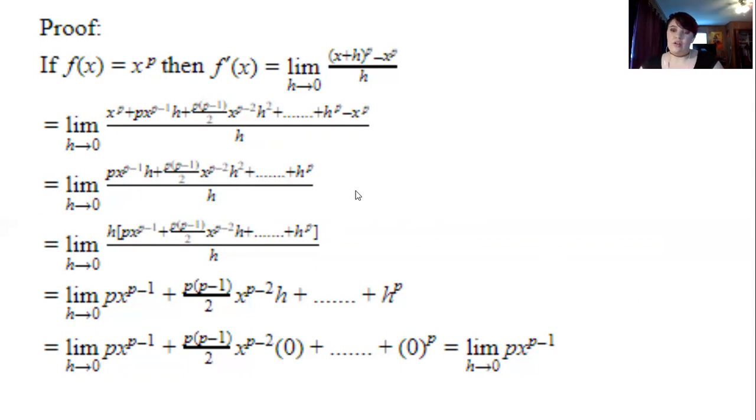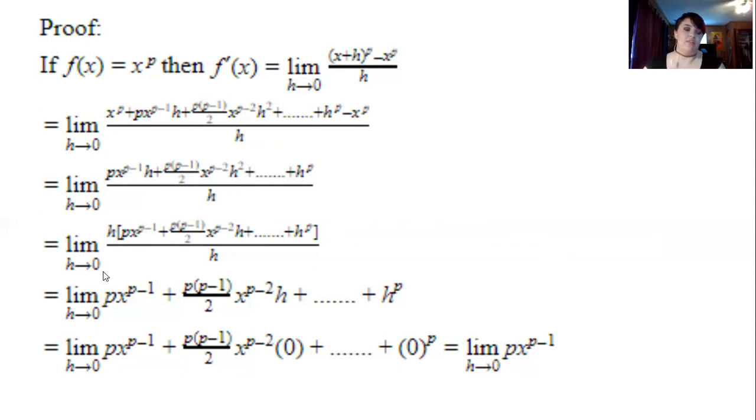And just like in all of our examples in the previous video, we are pulling out the h. We're pulling one h out of all of our terms in our numerator so that we can cancel it with our denominator.